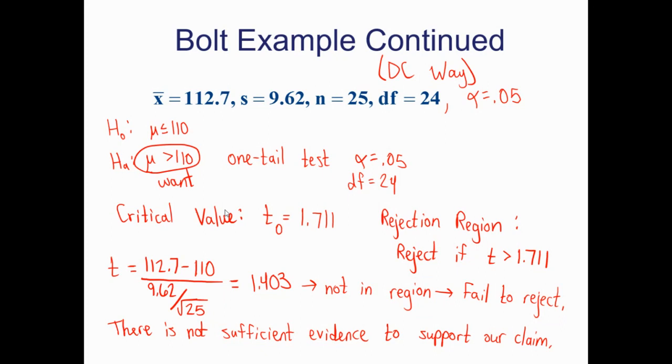That's right. Which means we're going to have to shut down the plant to recalibrate. Questions on this one? Which method do y'all think is easier, the p-value method or the rejection region? Rejection, that's kind of what I think too.